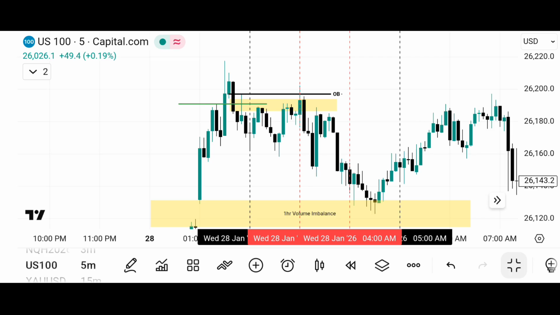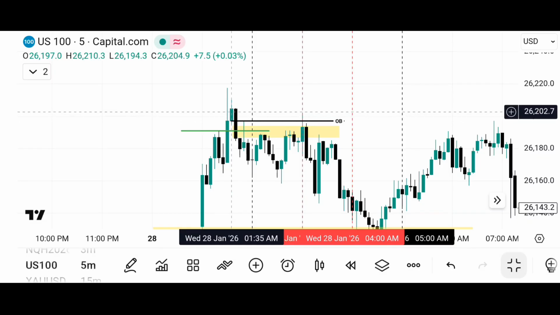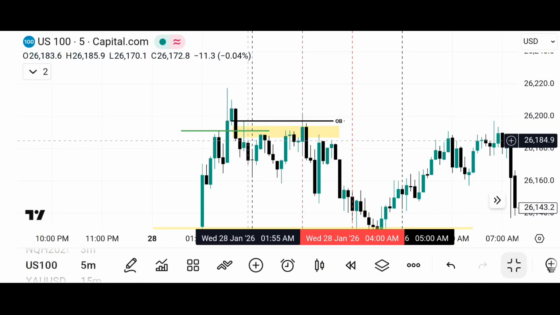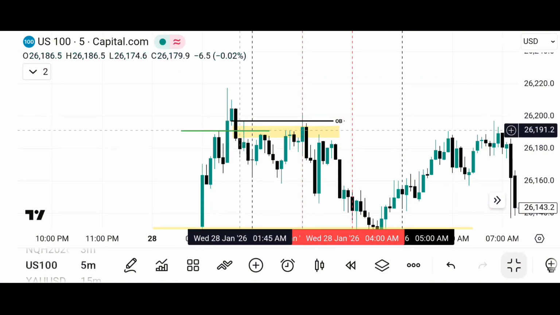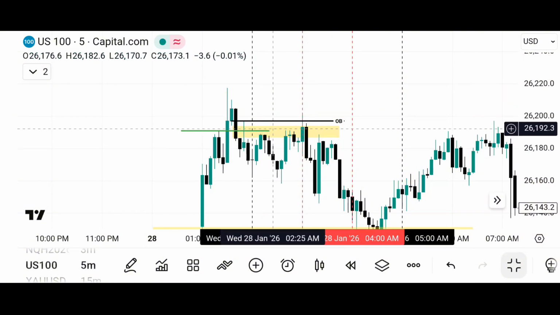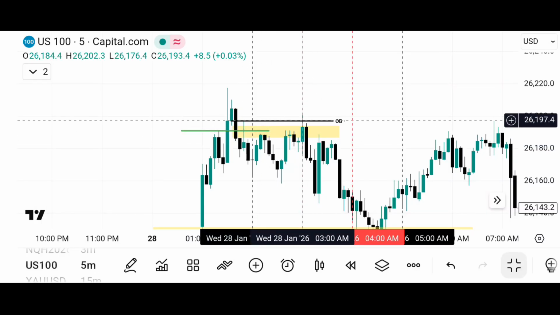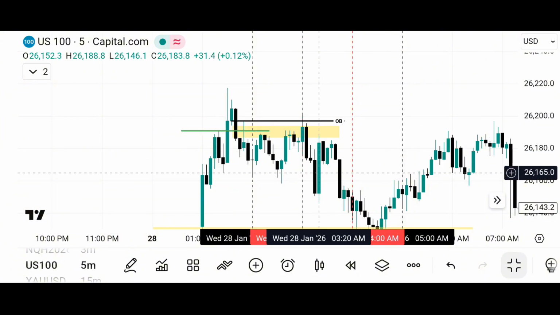So in the London silver bullet, 3 a.m. to 4 a.m., at this particular time window, you can see price trading up into this order block, after price has taken out these buy stops, traded down, created another order block, and below it a fair value gap which I annotated with a yellow rectangle. It traded into the order block, and still at this time window, you can see it starts rallying down.